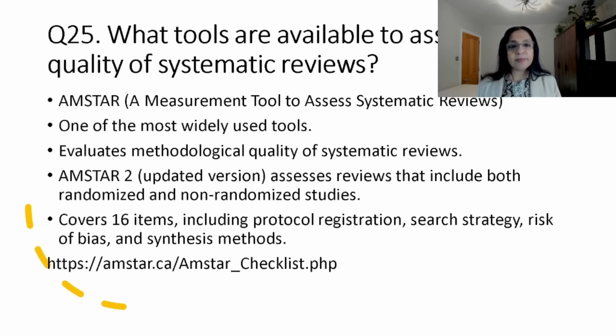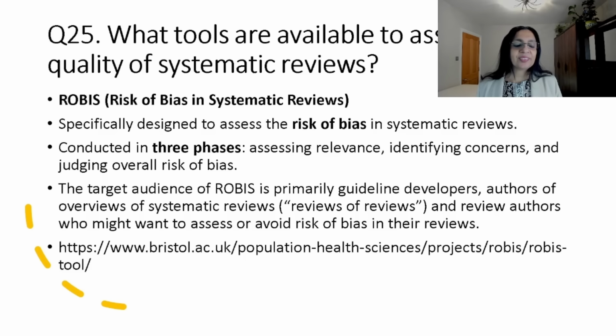AMSTAR 2 is an updated version which assesses reviews that include both randomized and non-randomized studies, and it covers 16 items including protocol registration, search strategy, risk of bias, and synthesis method. All about the tool, assessment, and guidance is available from the AMSTAR website.